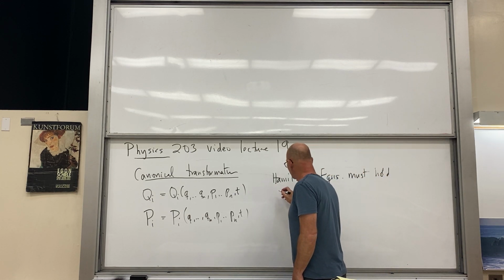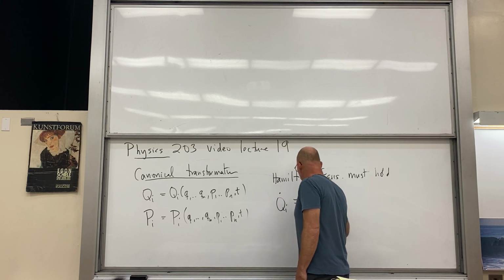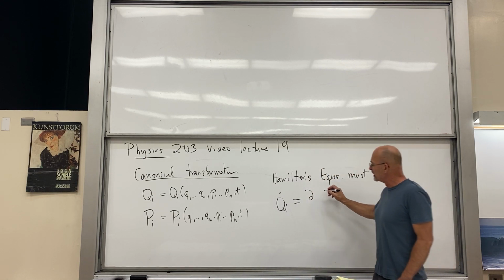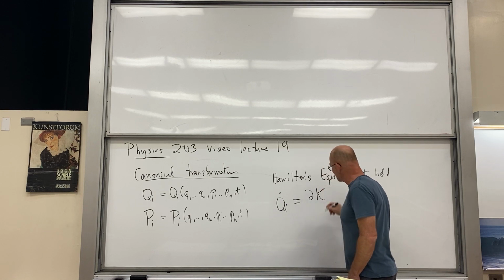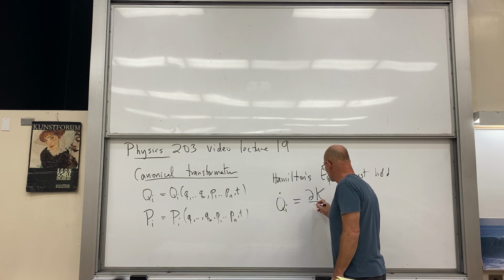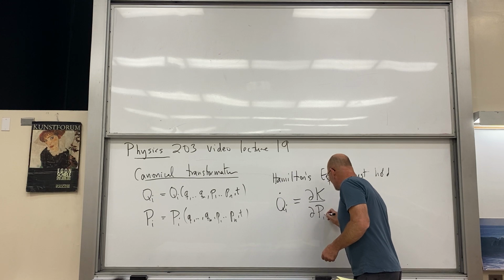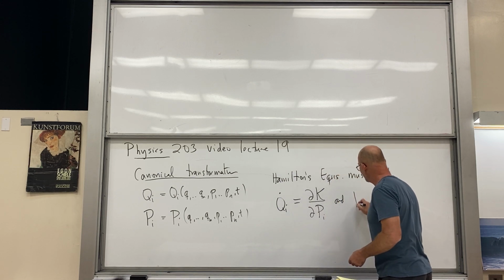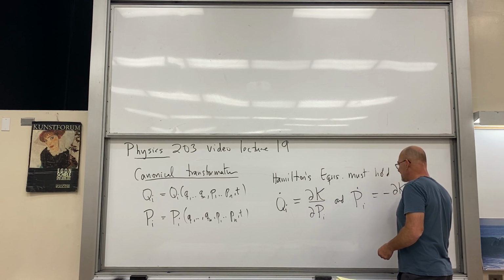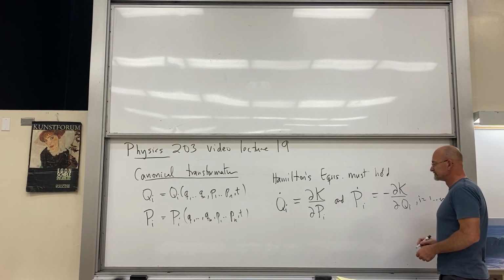That would be to say that we have to have Qi dot equal to dK/dPi, where we're going to call the new Hamiltonian K instead of H, and Pi dot equals minus dK/dQi, i equals 1 to n.